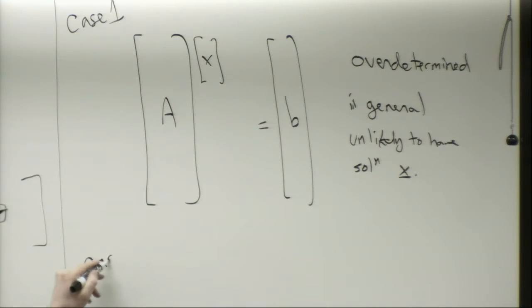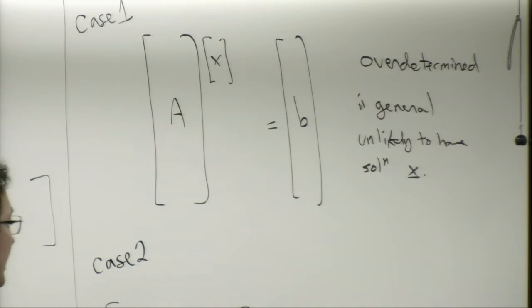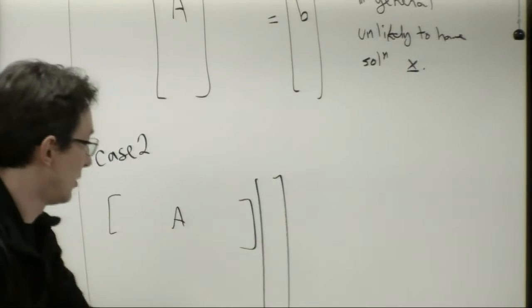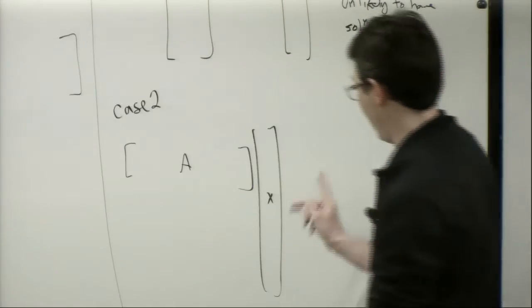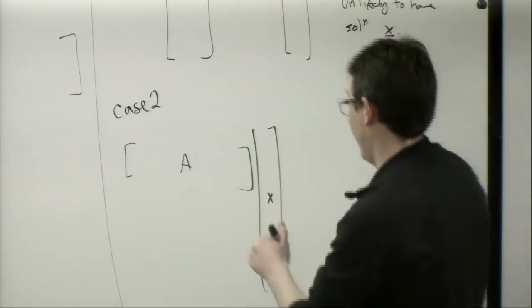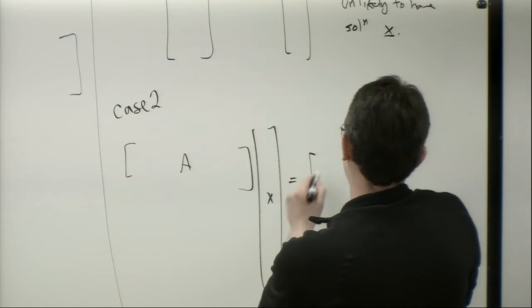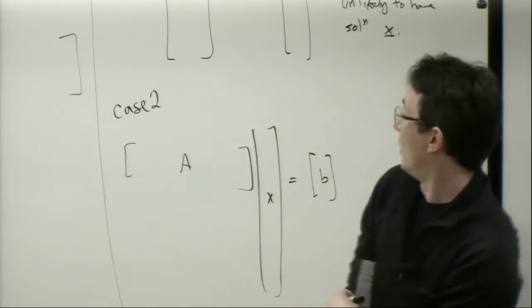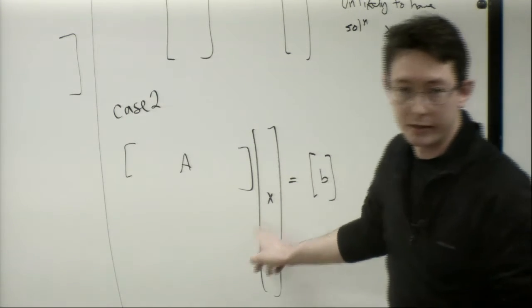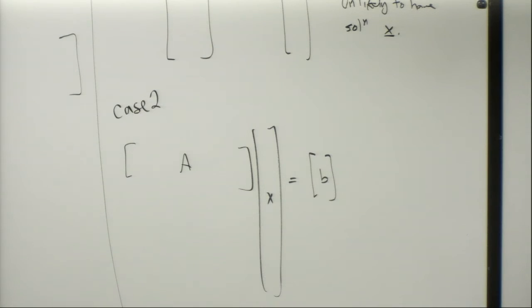And case 2 is the other example, the short squat case of A, where I have a super tall column vector X, really squat A, and now my measurement vector has to be short. So in general, what can I say about the solution X for this system of equations?